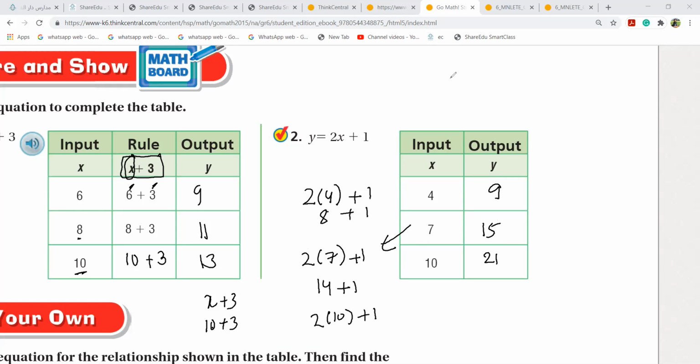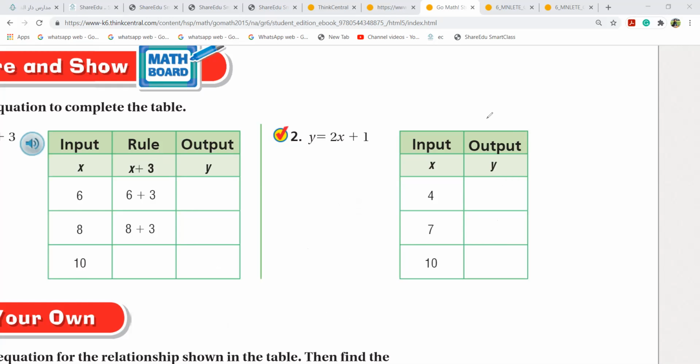Malak, see Malak, I'll explain again. Malak, you have y equals 2x plus 1. Okay? You have y equals 2x plus 1. Now, what is x here, Malak? They gave you 3 values: 4, 7, and 10.